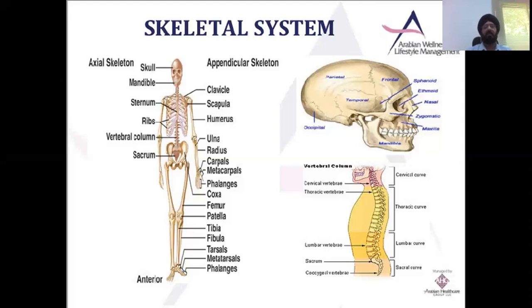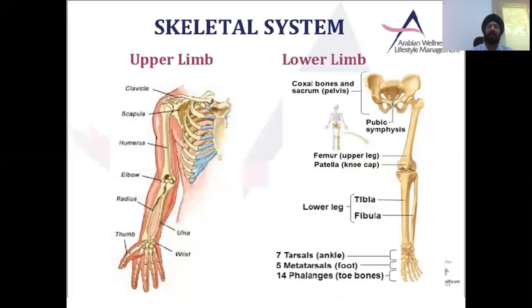Now the thorax forms the bony cage known as thoracic cavity. It protects the vital organs like heart and lungs. Now we'll talk about the appendicular system, the limbs, the extremities. Appendicular system is broadly divided into upper and lower extremities.